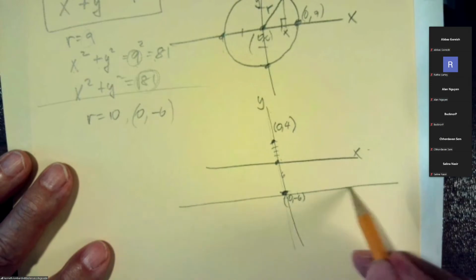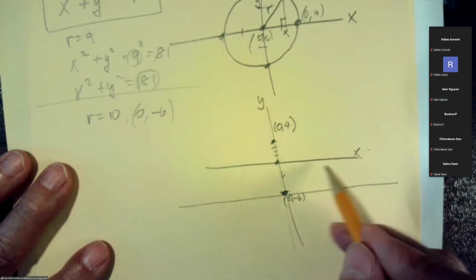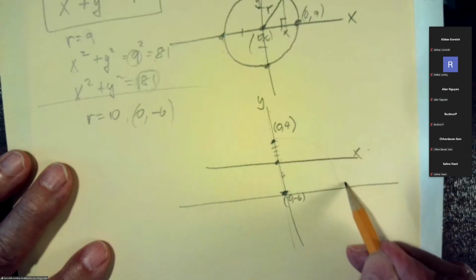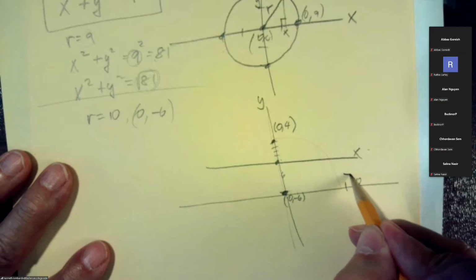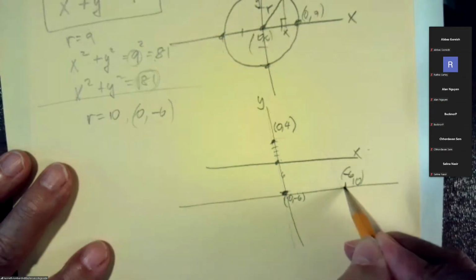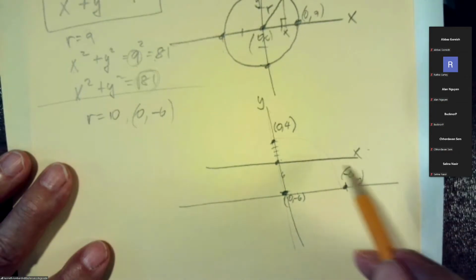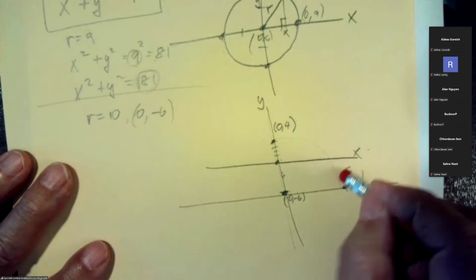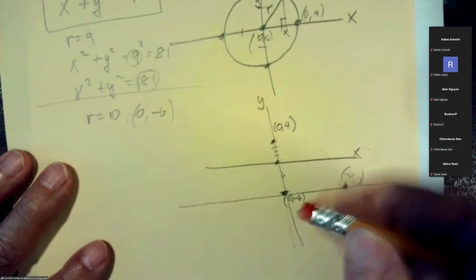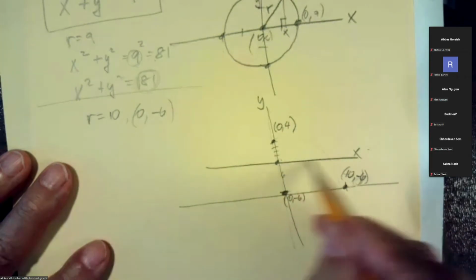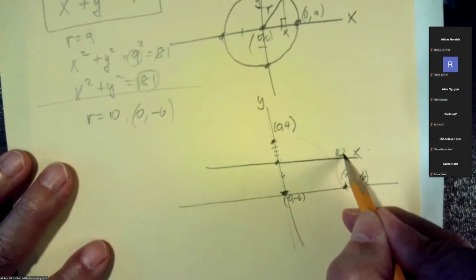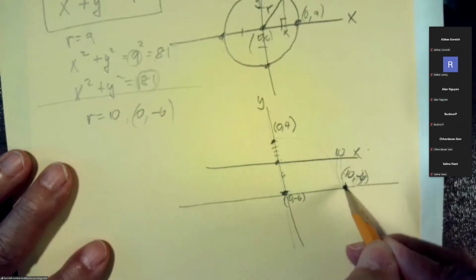And then if I'm looking for a point out here, if the radius is 10, if I go out here to 10, the location of that is going to be -6 and 10, isn't it? So there's the point there, well, that's not right, is it? That's going to be over 10 and down 6. So we go over 10 to here. X value comes first, and then down to that value.